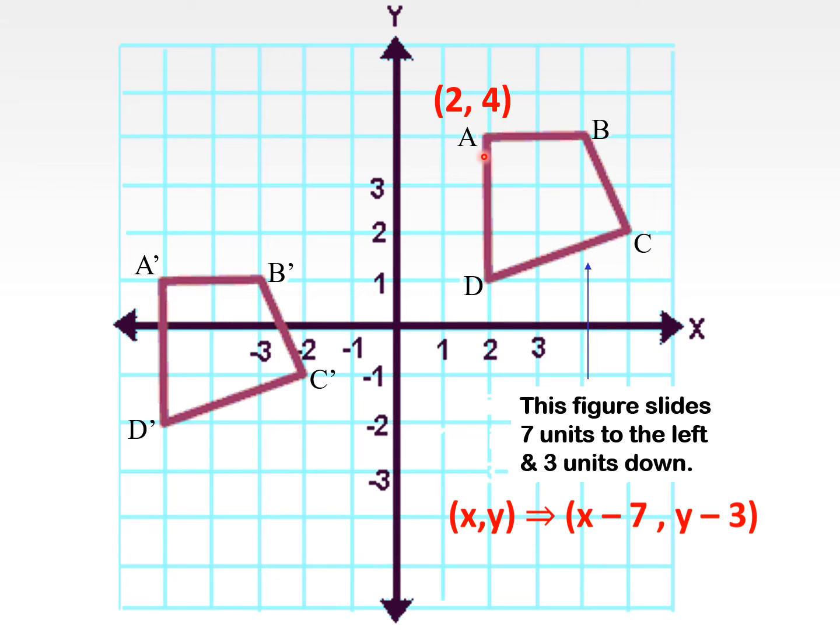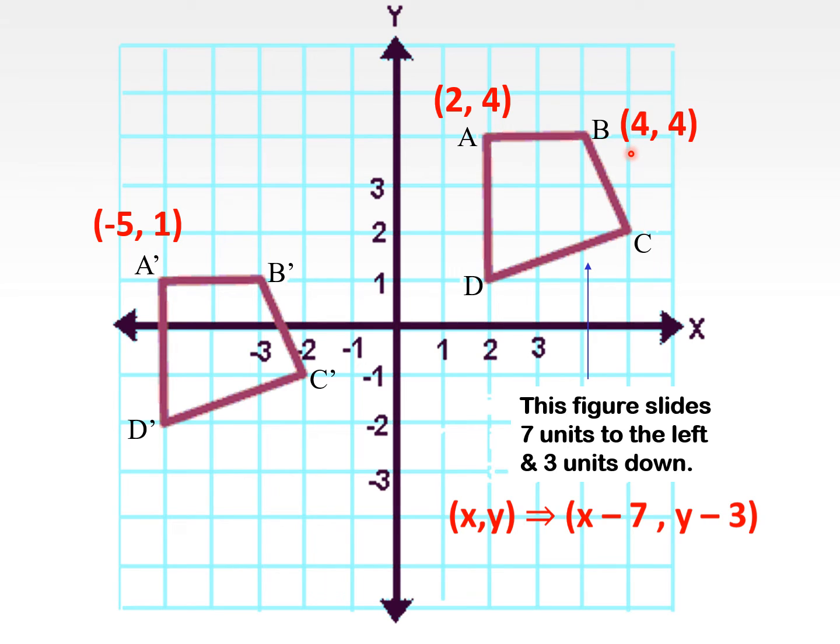So first, we are going to determine the points of your original quadrilateral. And then we are going to have the prime. So point A is at 2, 4. So therefore in here, 2 minus 7 and 4 minus 3, it is at negative 5, 1.